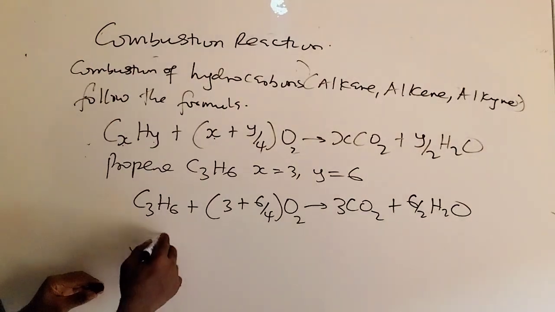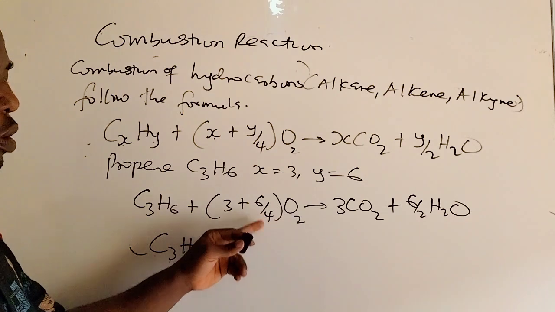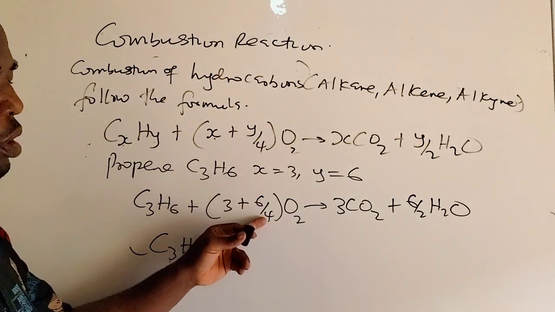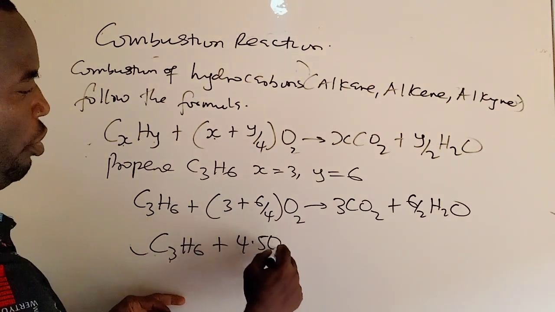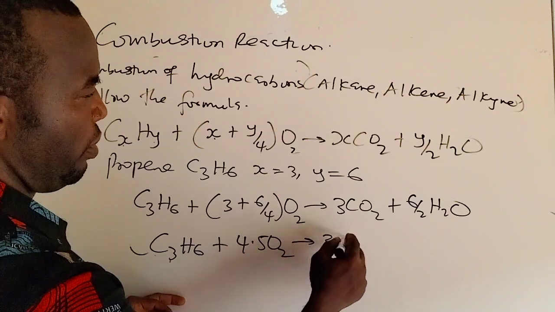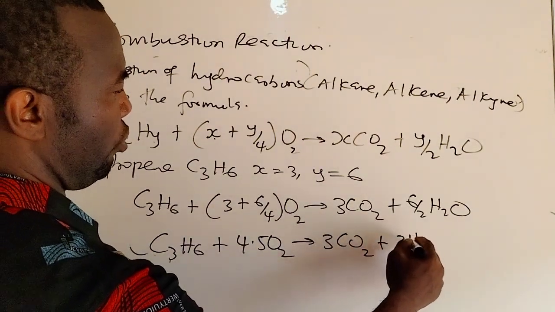If I divide, 6 over 4 gives me 3 over 2, and 3 over 2 is 1.5. Add 1.5 to 3, that gives you 4.5 oxygen, giving us 3 CO2 plus 3 H2O.